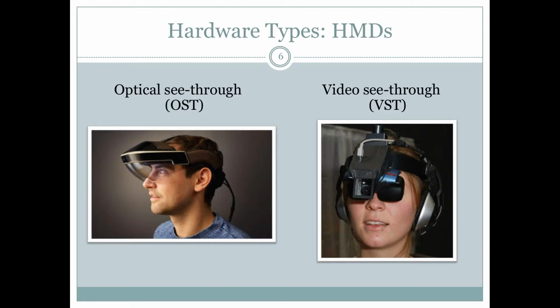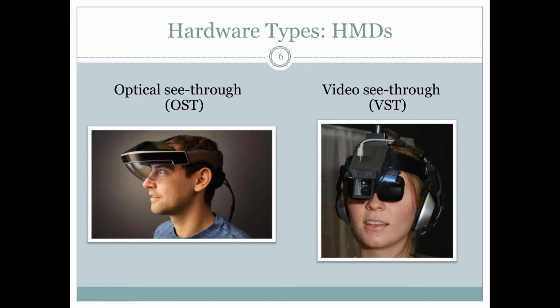Types of devices. There are 2 kinds of head-mounted displays, mainly in augmented reality. The first one is optical see-through devices, and the second is video see-through devices. The first one shows the virtual images by projecting the image on top of those slanted glasses by means of mirrors or prisms, which project the image from a small inner projector.